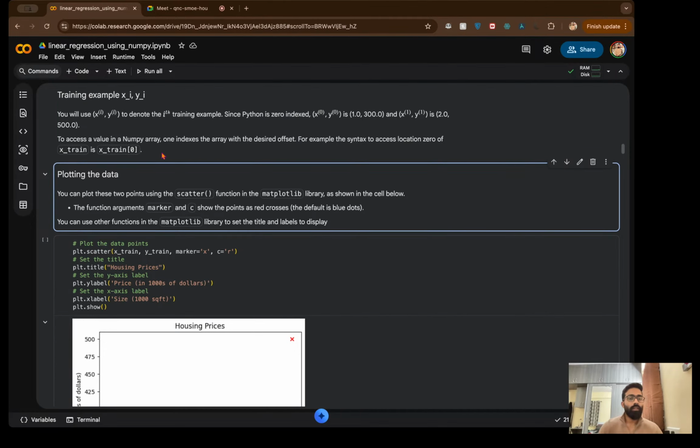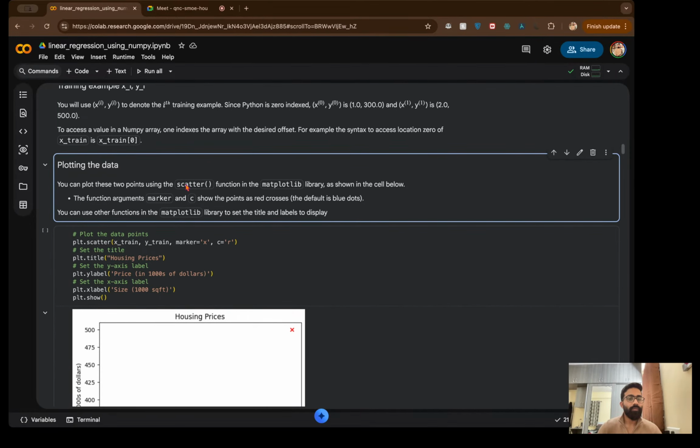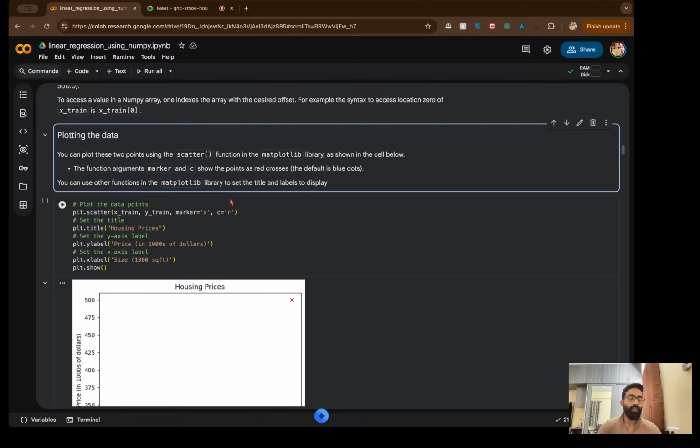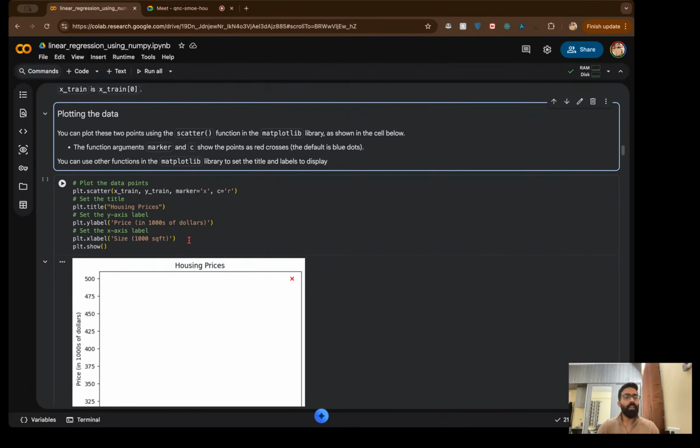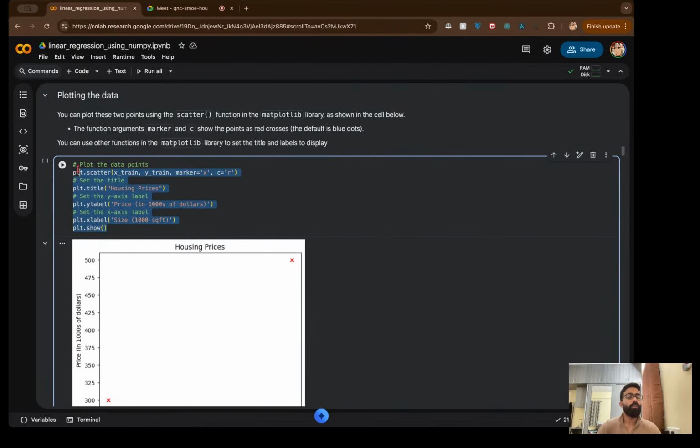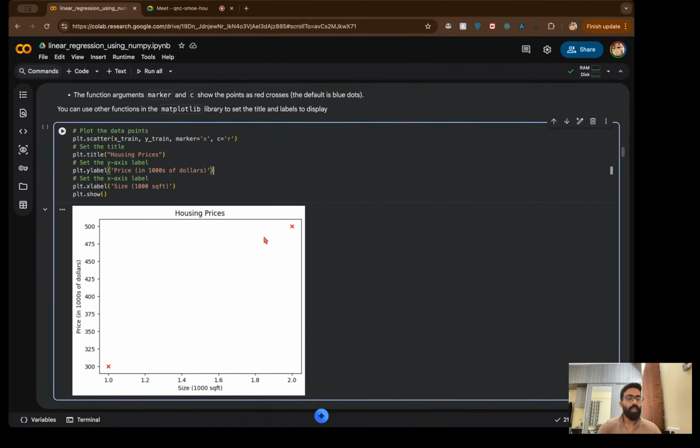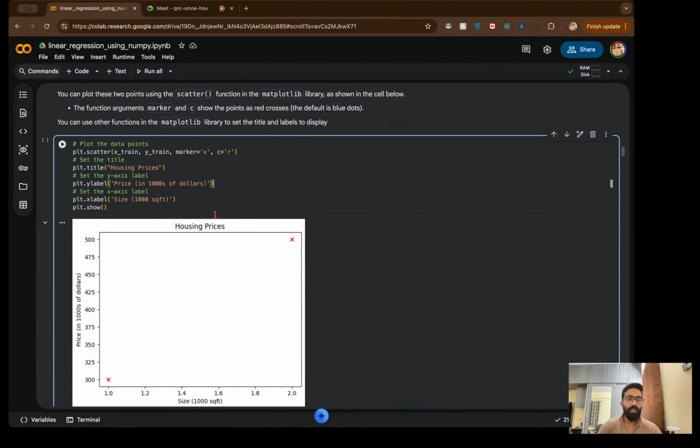Now we are plotting the data using the scatter function, which is provided by the matplotlib library. Again guys, we are not using this matplotlib library to implement our model. We are using it to visualize our data set. Here I have written the code to plot our data points. Let me run this cell.